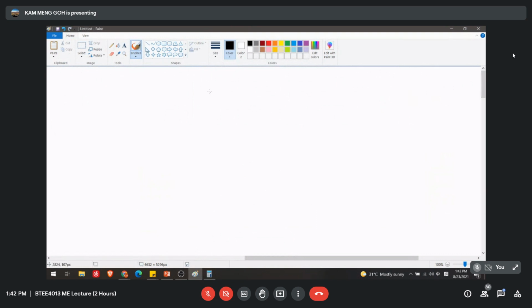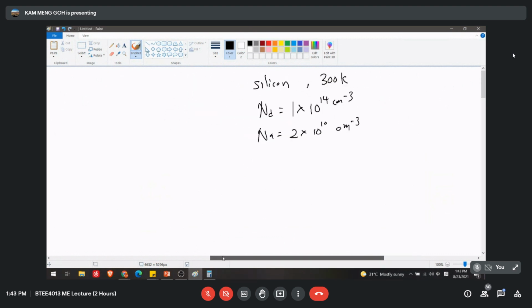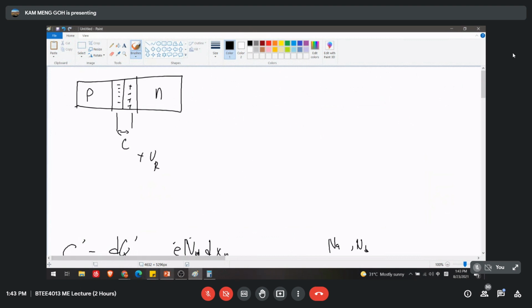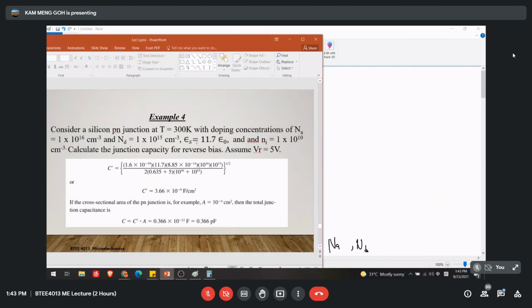Okay, for example, silicon, Nd 1 times 10 to the power of 14 cm to the power negative 3, Na 2 times 10 to the power of 10 cm to the power negative 3. This one's in 300K. Then what else do we need? Let's see. Epsilon s equals to 11.7, standard one.